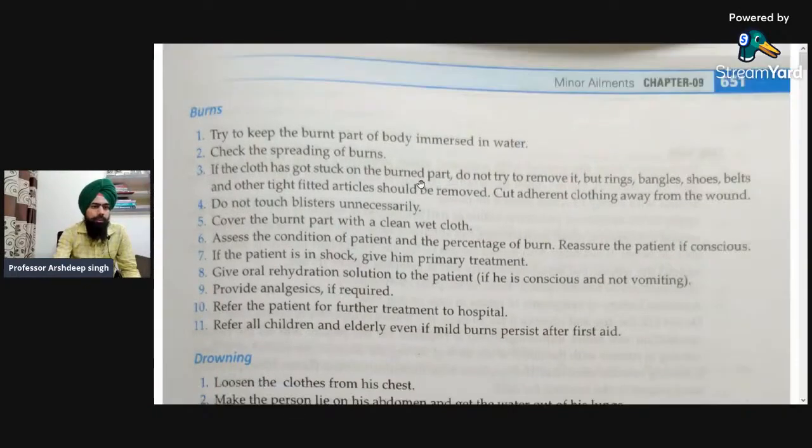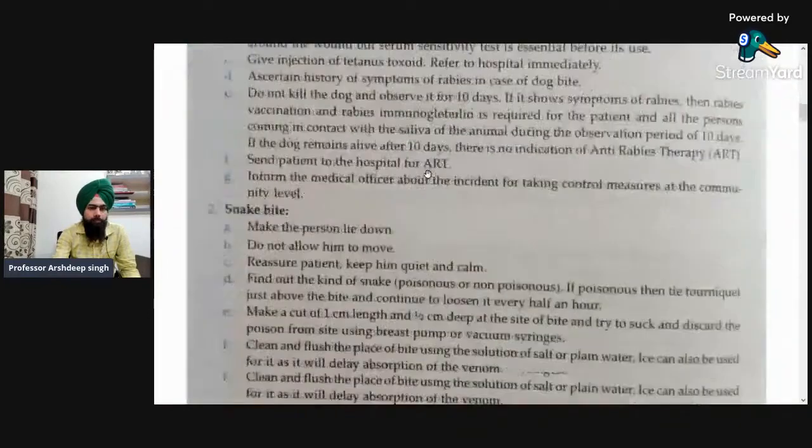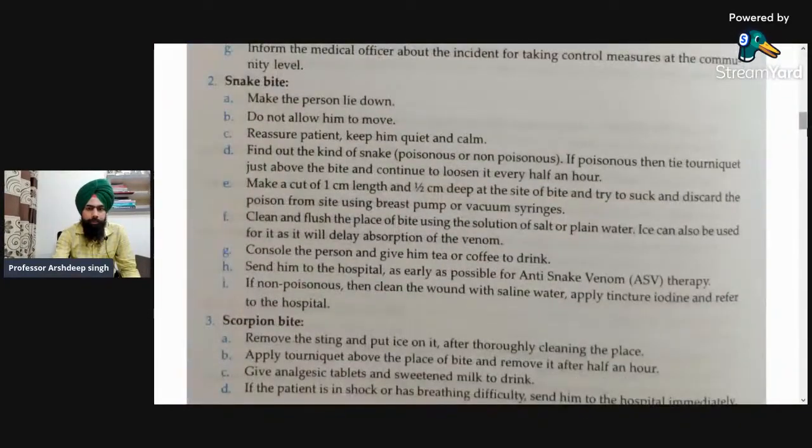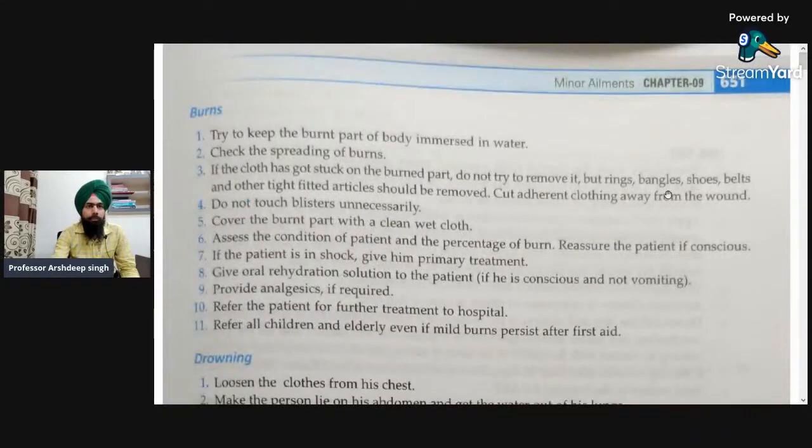So the next minor ailment is burns. I will explain about burns. Burns, as we already know, can be caused by fire or any other object.